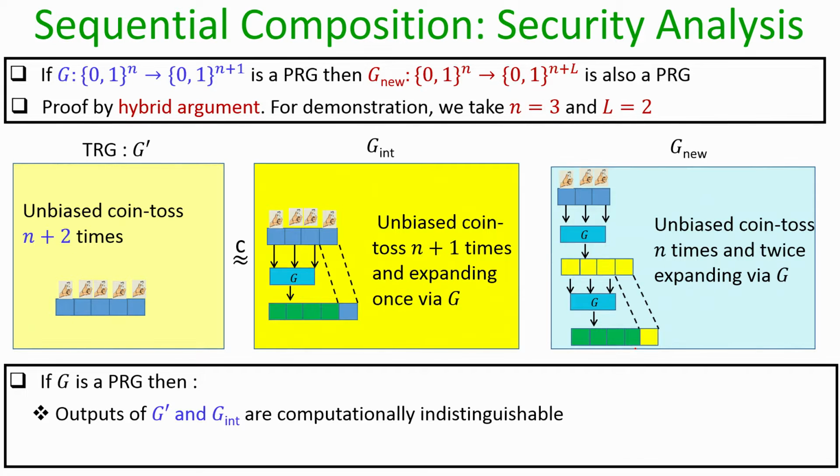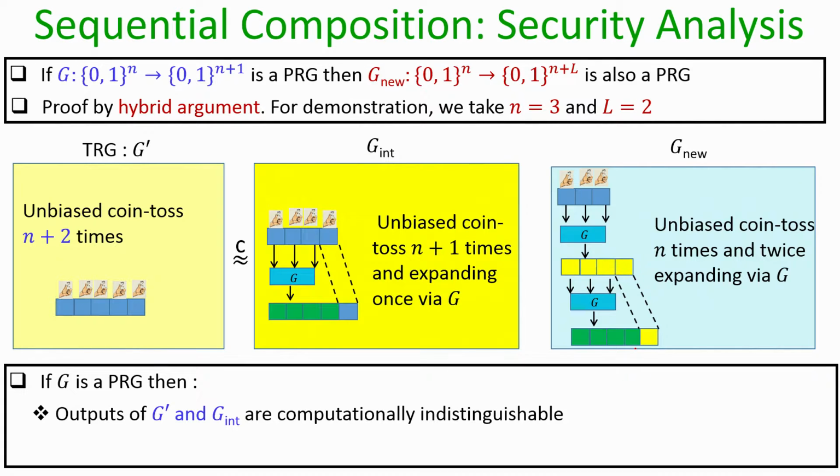We can establish that by reducing the distinguisher who can distinguish between G dash and G int to a distinguisher who can actually distinguish between an output of the algorithm G and a truly random number generator which produces an output of length 4 bits. I am not going into the details of the proof. I hope that you will be able to complete that proof.